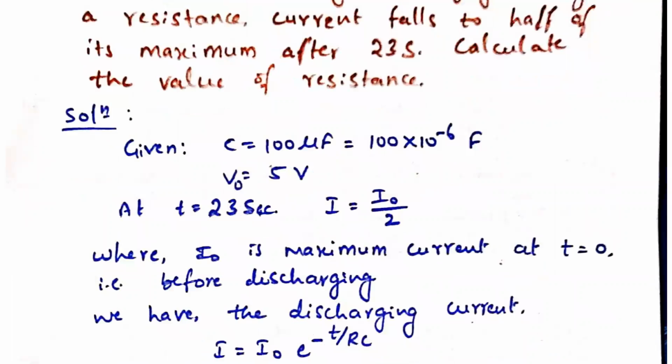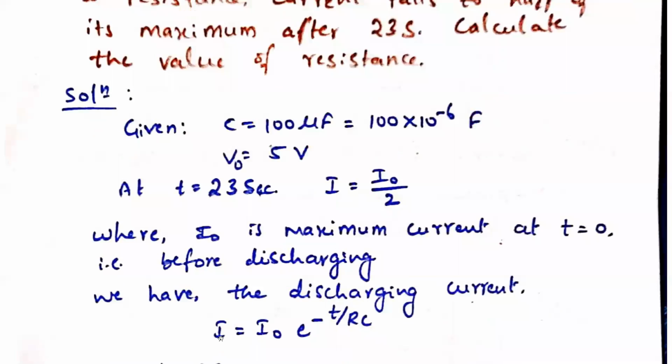Now we have the discharging current, I equal to I0 into e to the power minus t by RC. This is the formula. So we have to put this condition. Information given is at t equal to 23 seconds, I will be I0 by 2.